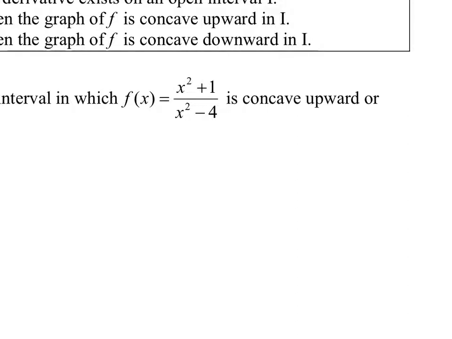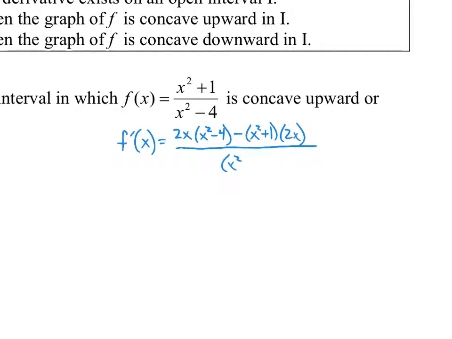When I hear concavity or acceleration, either of those terms, I'm thinking second derivative. So let's find the first derivative first. The derivative of the top times the bottom, minus the top times the derivative of the bottom, all over the bottom squared.